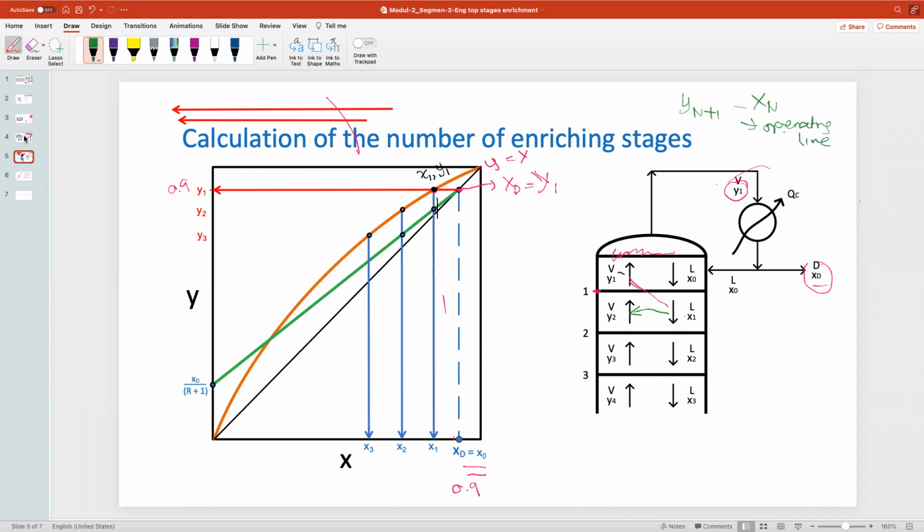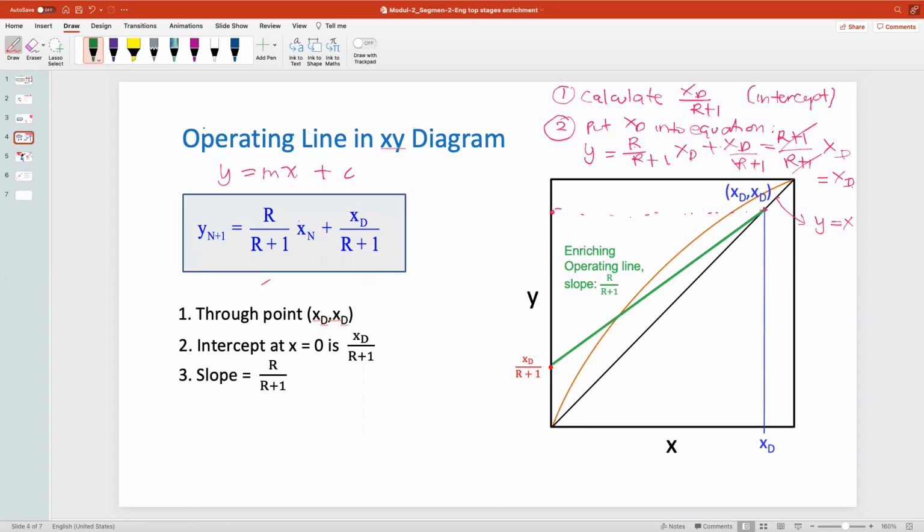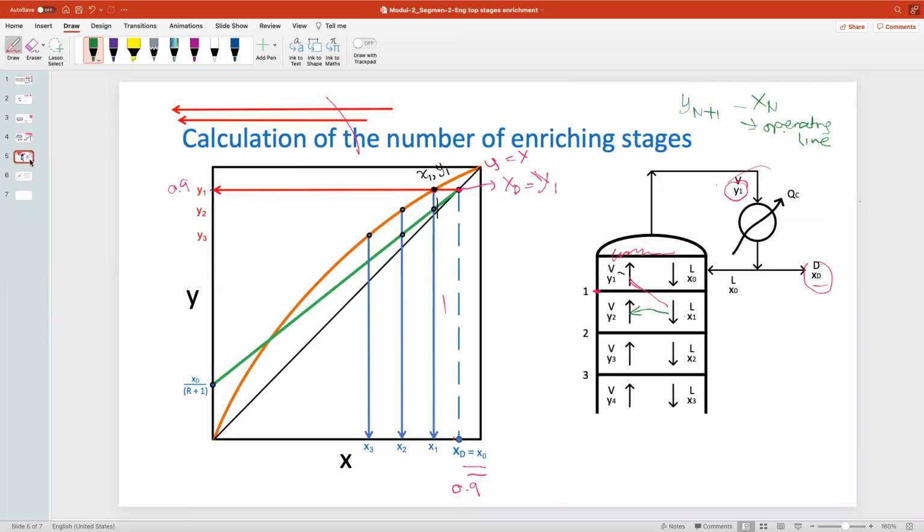If you go back here, see? Operating line between Yn+1 and Xn. Okay, Gamma, let's go back. Which one do I use to get from X1 to Y2? Use the green one.